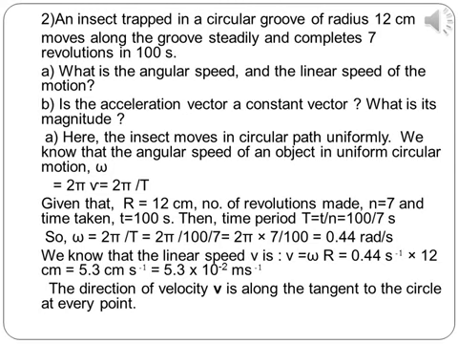Then what should be the time period T, which is equal to total time divided by number of revolutions made, is equal to 100 by 7 seconds.